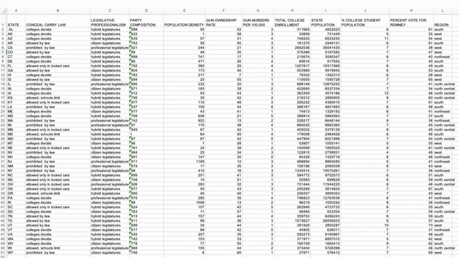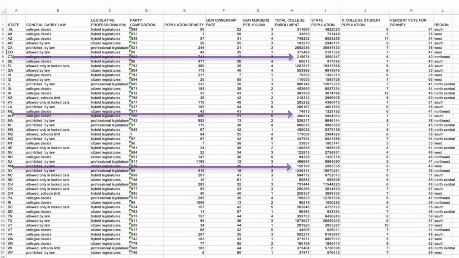But looking at how the data set is structured can also tell us what the unit of analysis is. Remember, the easiest way to identify the unit of analysis is simply by looking at the rows in the data set. The unit of analysis is the level or entity at which observations are made.